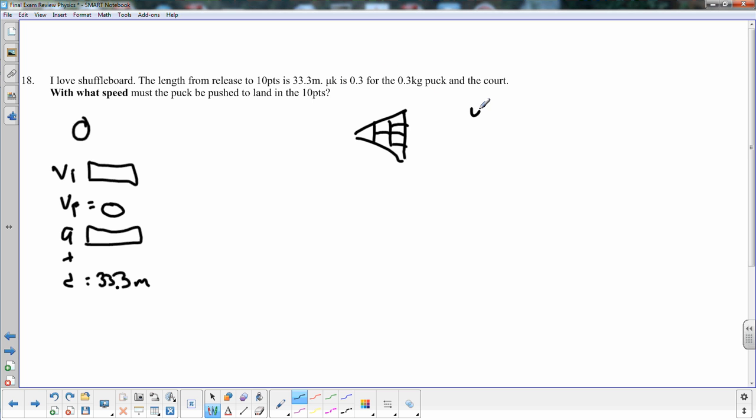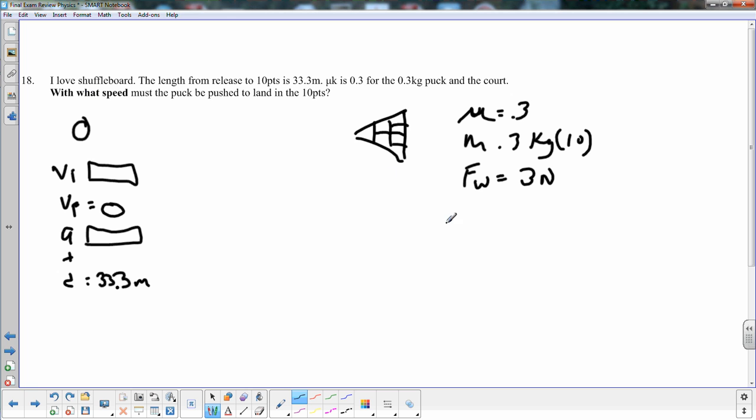Now every puck has 3 newtons going down, which means it also has a normal force of 3 newtons going up. Hope that makes sense. So the question is, how much friction can we generate from the puck? Ff equals mu times normal force, which is 0.3 times 3.